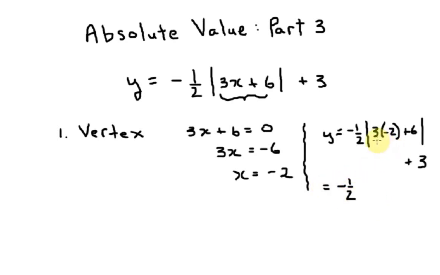Now in here we're going to have negative 6 plus 6. So that's going to be times 0 plus 3. So that gives us a y coordinate of 3. So now we know where our vertex is. Negative 2 and a y value of 3. So that's basically our first building block, if you will.